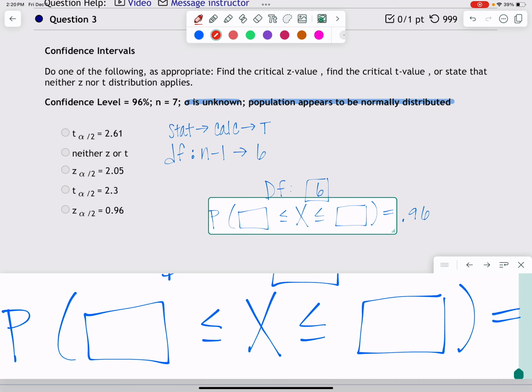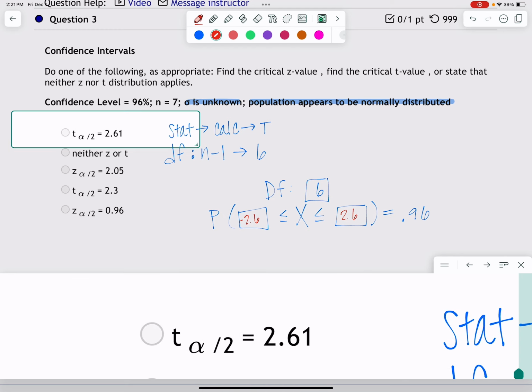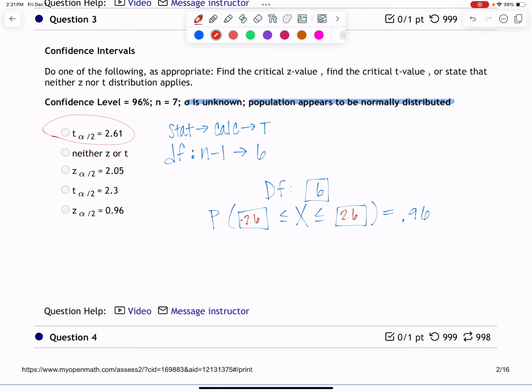And then it tells me my two T values are negative 2.6 and some change and 2.6 and some change. So that means we need that guy.